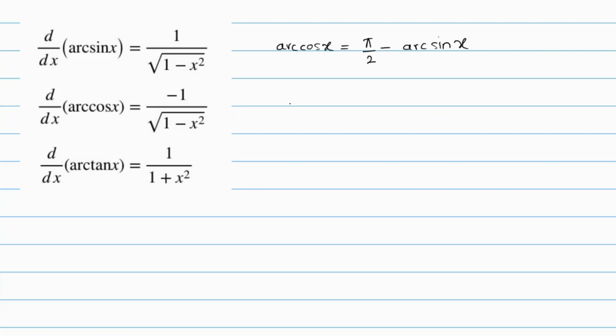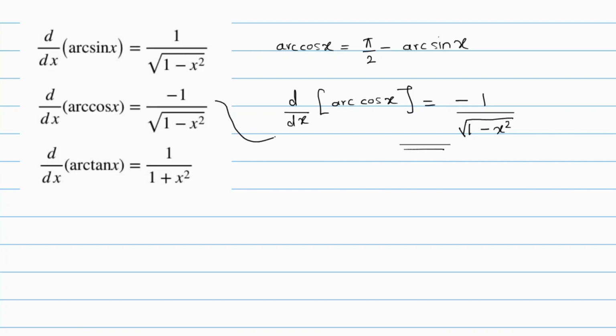If we get the derivative of this, the derivative of a constant is 0, so we just ignore that, and then the derivative of this particular term is the negative of what we derived earlier, so that is minus 1 divided by the square root of 1 minus x squared. So this is the derivative of arccos x, and you can see that is exactly what we have over here.